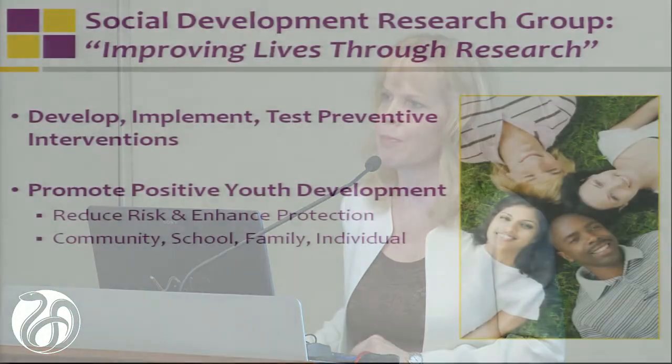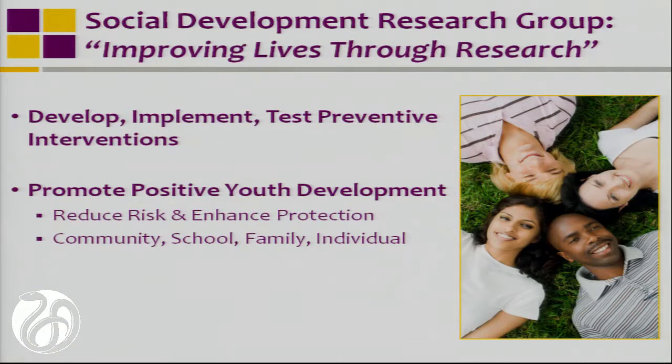We hope that our interventions will improve youth development, and they do this by reducing risk factors, things like family management problems or family conflict, early drug use by kids. And they also increase protective factors, things like family communication skills and kids' refusal skills against taking drugs.